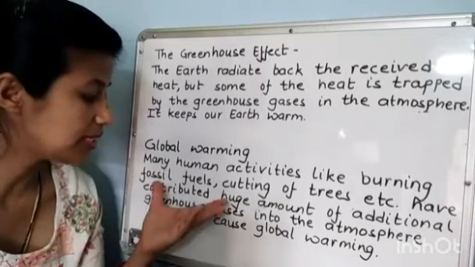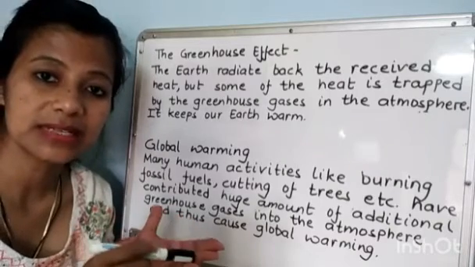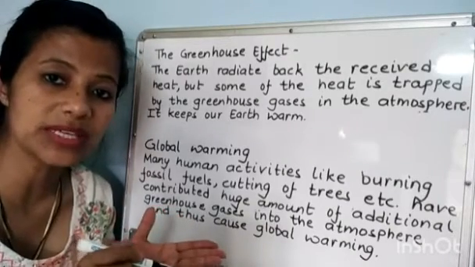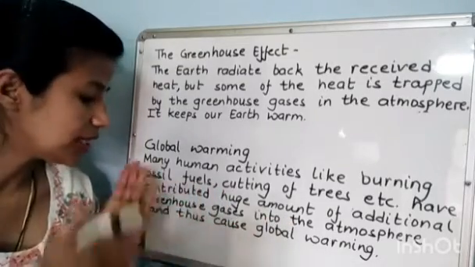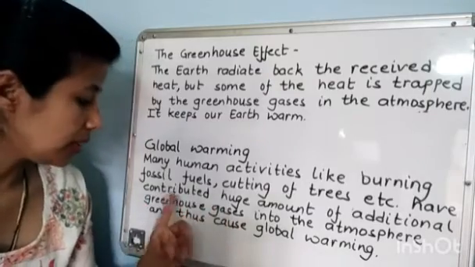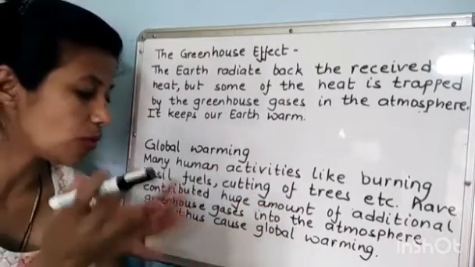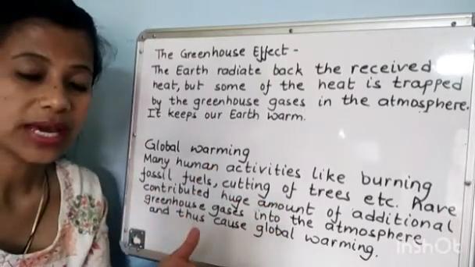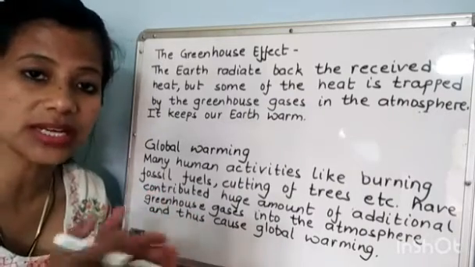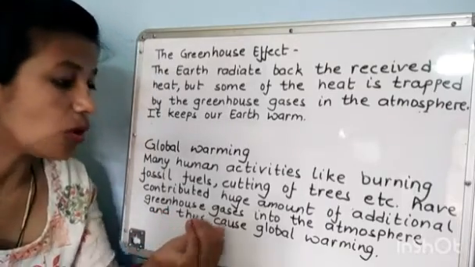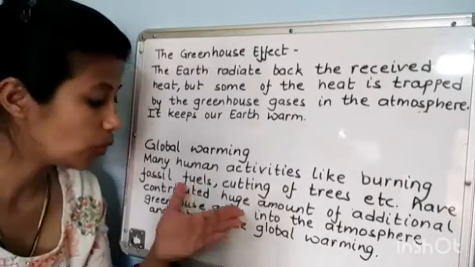We burn these things and greenhouse gases like carbon dioxide and methane increase in the atmosphere, and thus cause global warming. These are the reasons for global warming.